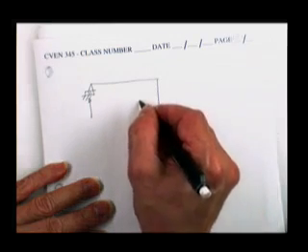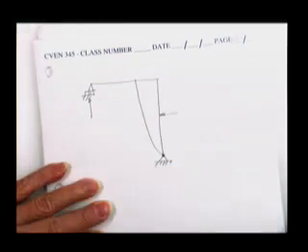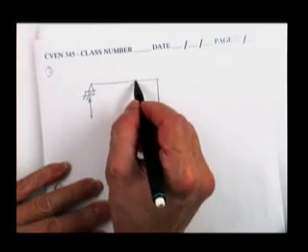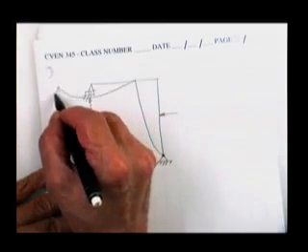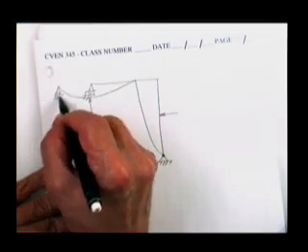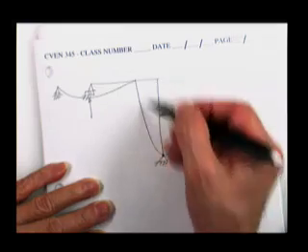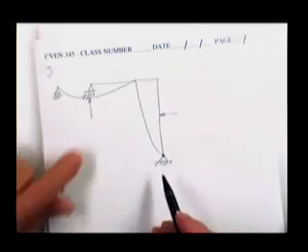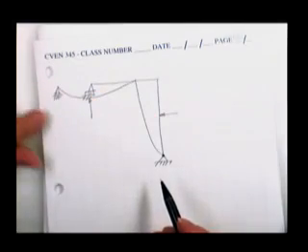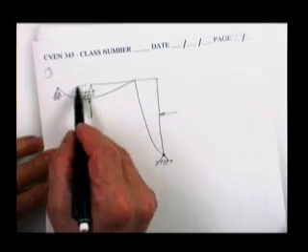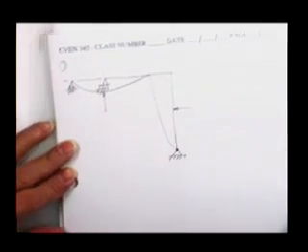Something like that. It would push it over, and it would bend. This upward force would be an upward force, so this is going to bend like that. This elevation is the same as that elevation.